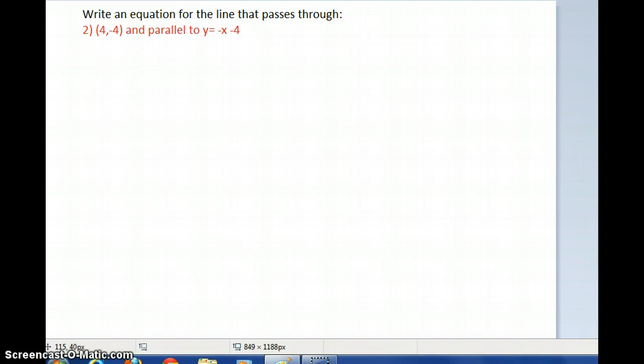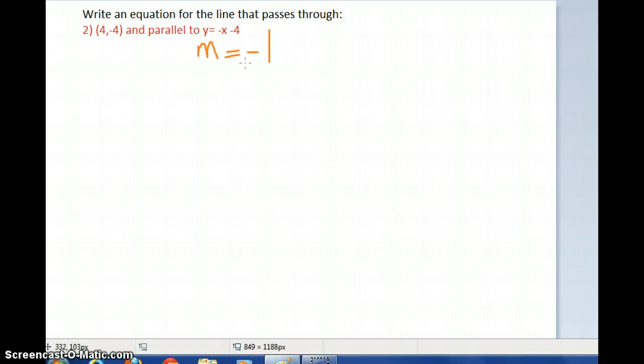We agreed parallel lines have the same slope. So really, I am giving you the slope, which in that case is negative 1, because the slope is the coefficient of x. It's just the number next to x. Instead of telling you it passes through that point and the slope is negative 1, we need to know that parallel lines have the same slope.